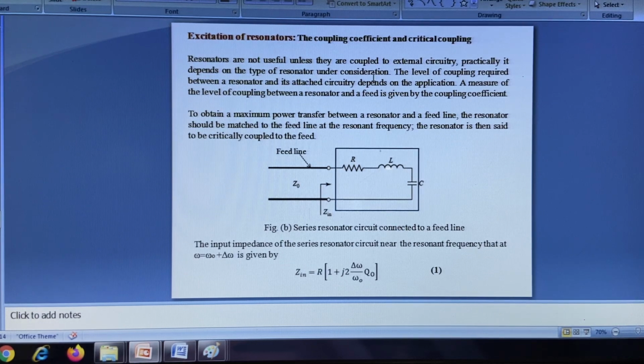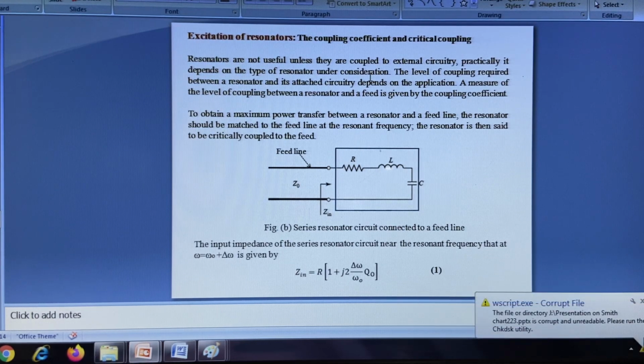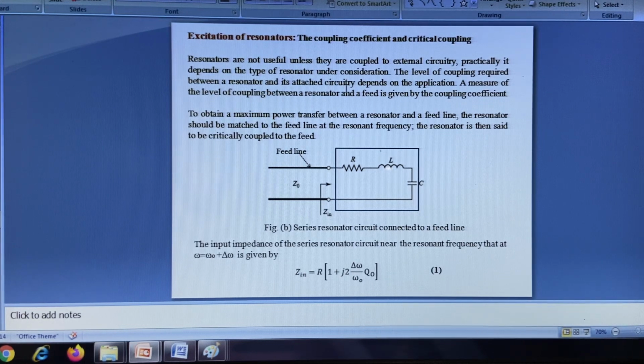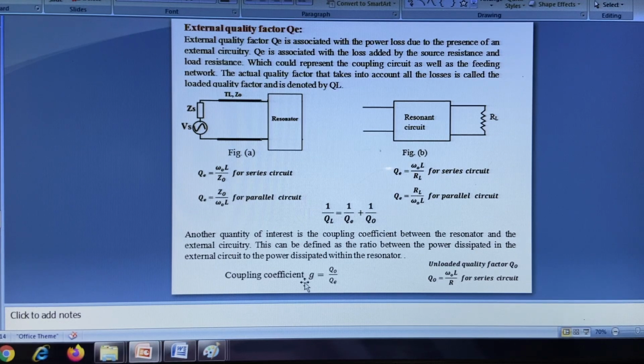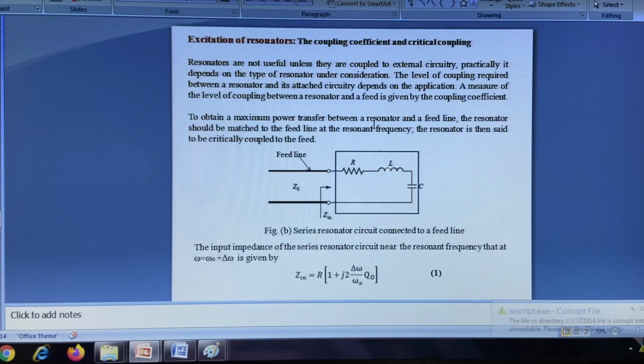The level of coupling required between the resonator and its attached circuitry depends on the application. A measure of the level of coupling between a resonator and a feed is given by the coupling coefficient, as we discussed in the previous topic, that is, the coupling coefficient G is equal to Q naught divided by QE.